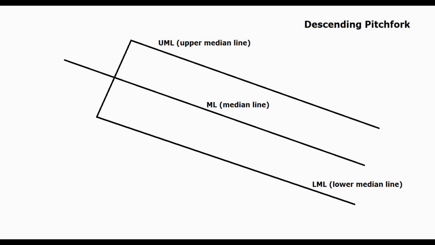This tool helps you to identify trading opportunities, great trading opportunities, targets, exhaustion points, reversal points, and you can use this trading tool, Andrew's Pitchfork tool, with other indicators and with other tools. So let's talk about the descending pitchfork here.